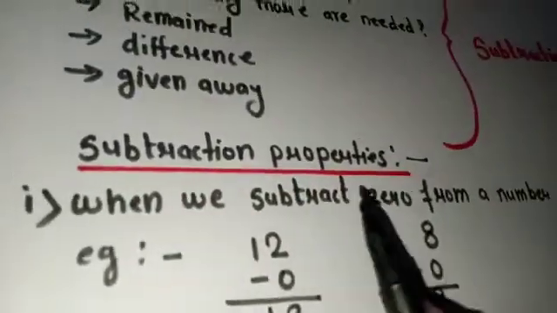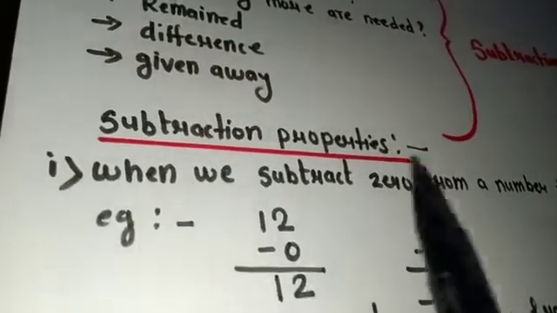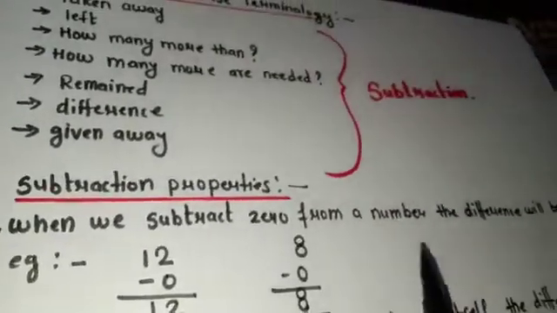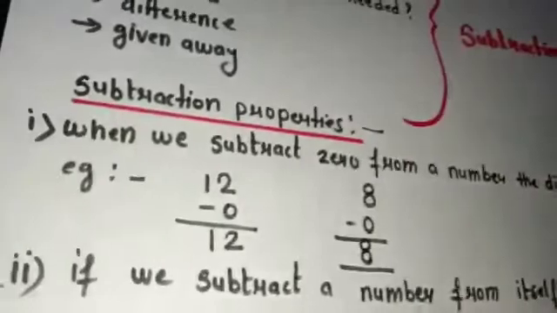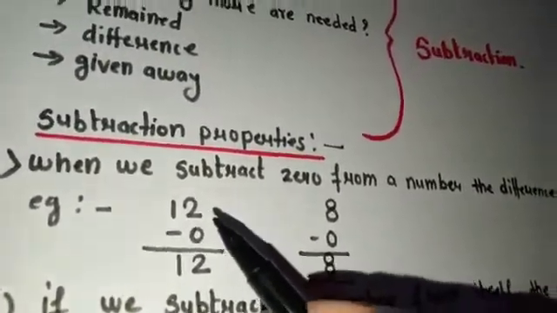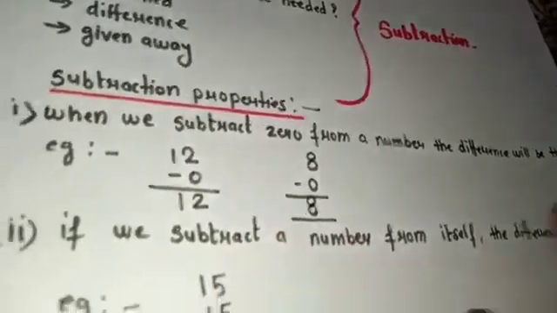Now subtraction properties. The first property of subtraction is when we subtract 0 from a number, the difference will be the same. It means if we subtract 0 from any number, then we will get the number itself.